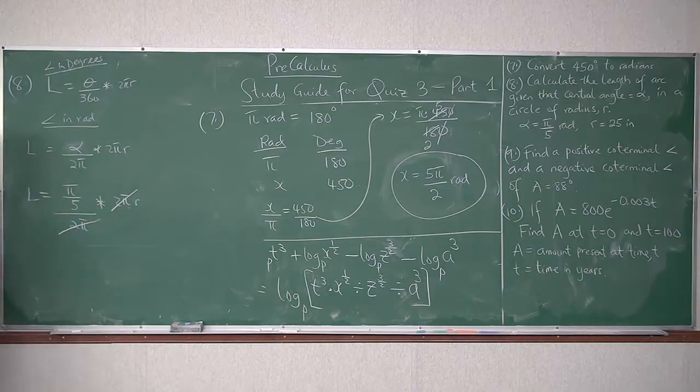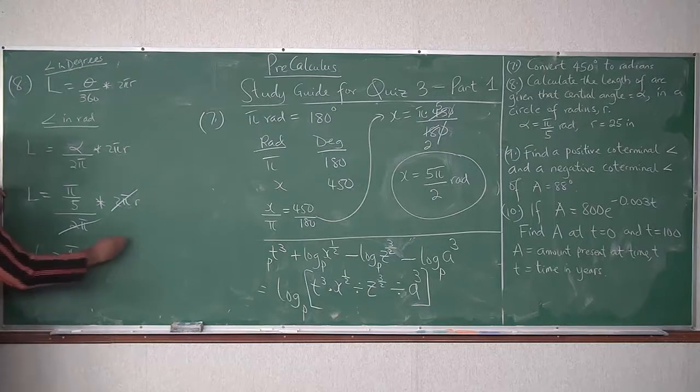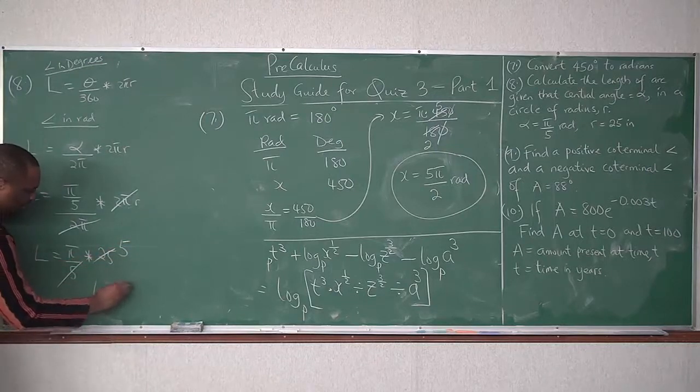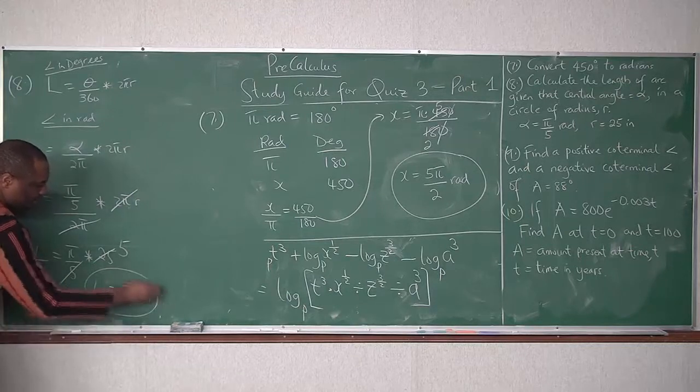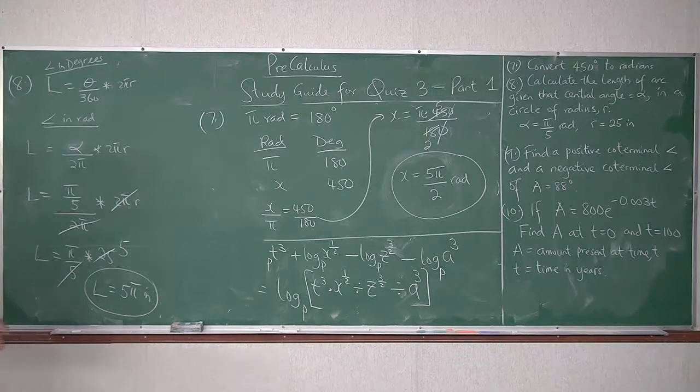So L will be pi over 5 times r. r is what? r is 25. So 5 into 5, 1. 5 into 25, 5. So L will be what? 5 pi. 5 pi what? Inches. 5 pi inches. That's that. Okay? 5 pi inches.